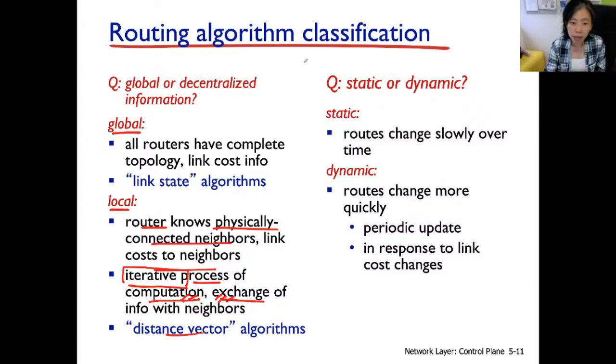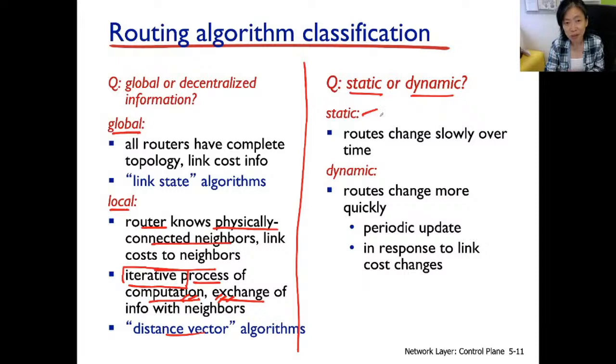Now, another way of classifying the routing algorithms is by judging how the routes are being updated. Static routing does not update the routes. So this is only for a network that is not changing frequently, and we know that this kind of network doesn't really exist these days. So all the routing algorithms that we're introducing work this way: dynamic.